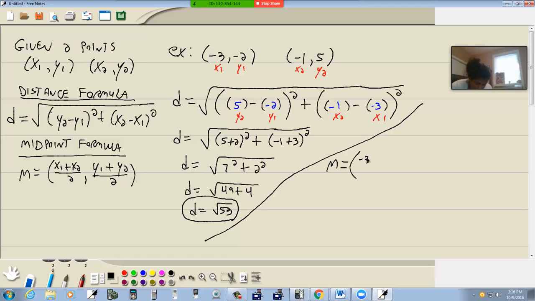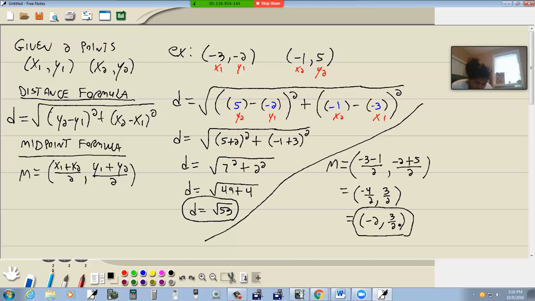So we got -3, -1 divided by 2, and we got -2 plus 5 divided by 2. -3, -1 is -4, so we got -4 over 2. -2 plus 5 is 3, so we got 3 over 2. Which gives us -2 and 3/2.